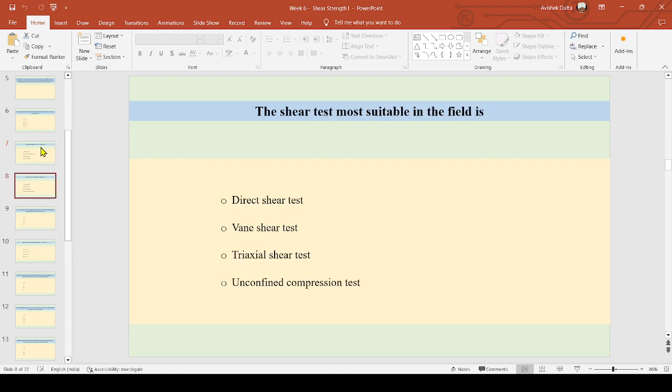The shear test most suitable in the field is. The options are direct shear test, vane shear test, triaxial shear test, or unconfined compression test. Which of these tests is the most suitable for estimating shear strength of the soil in the field?